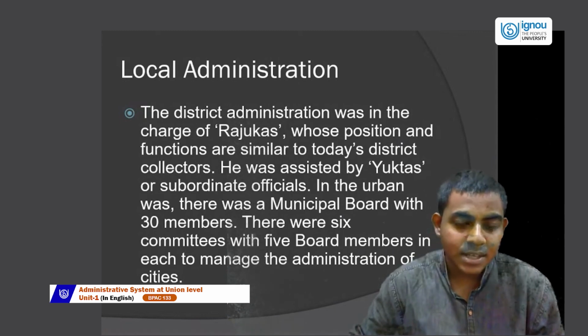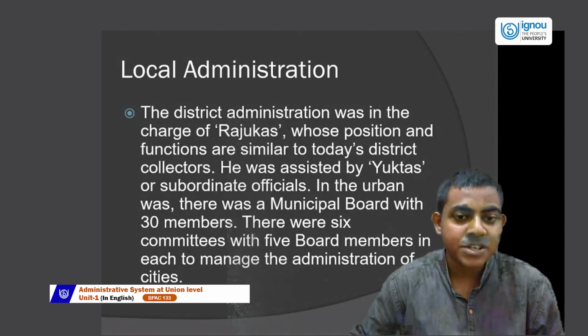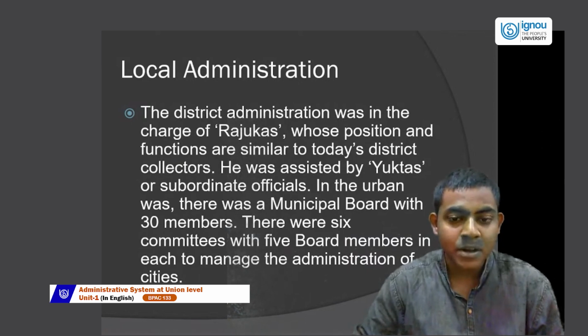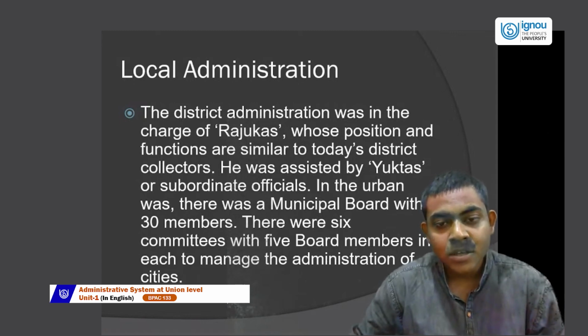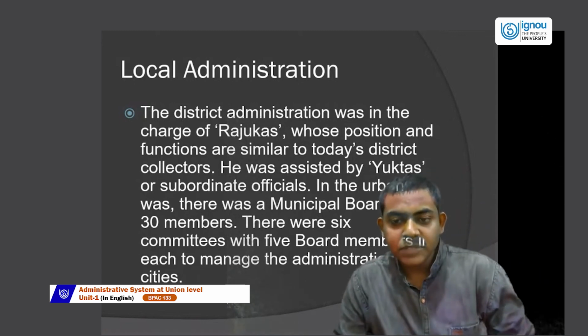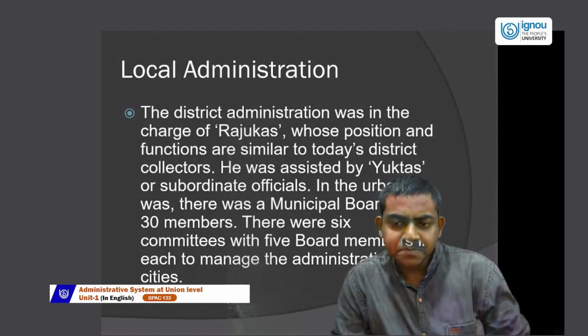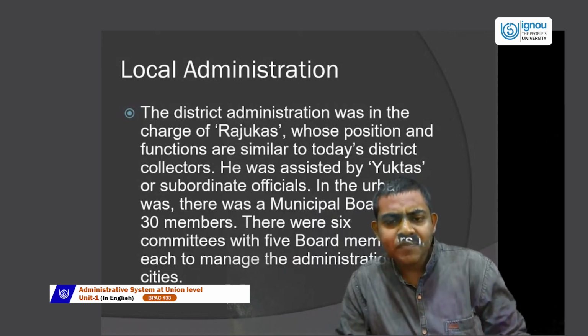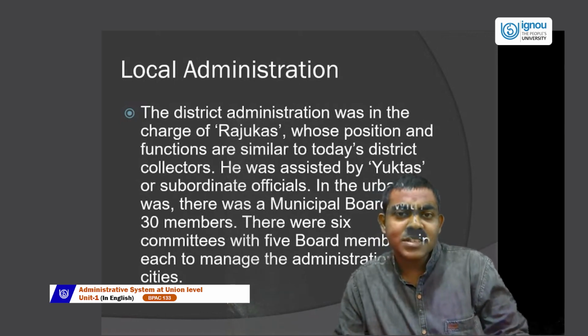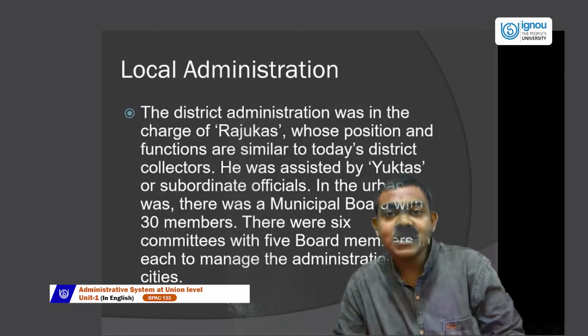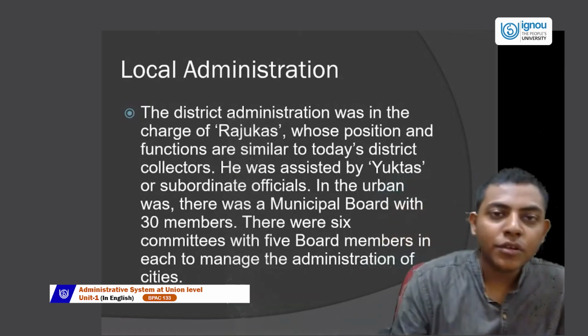If we see the evolution of municipal administration, we have to go back to the time of Emperor Ashoka and the Maurya period, where the district administration was under the supervision of the Rajuka, a position similar to today's district collector, who was assisted by the Yuktas. In the urban areas, there was a municipal board of 30 members, with 6 committees of 5 members each.